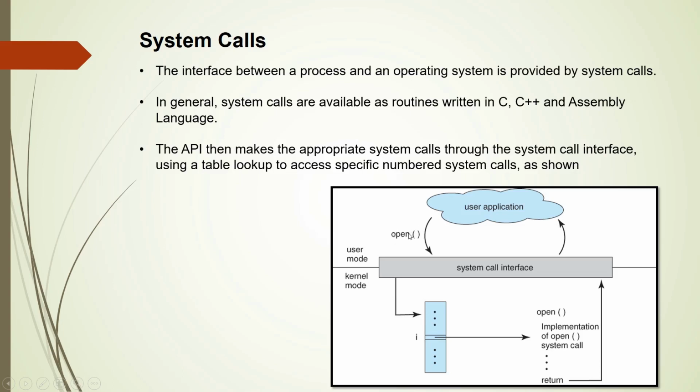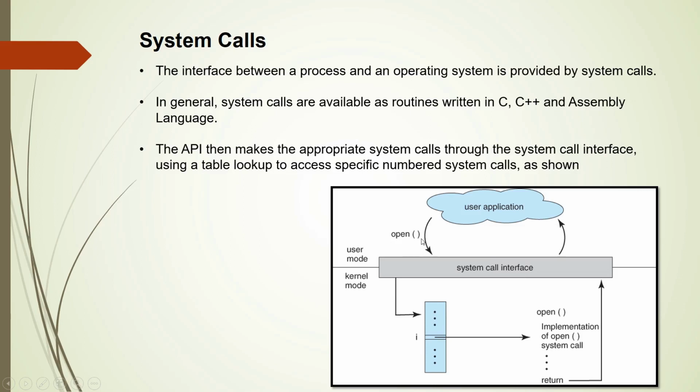The open function will be used by the user application, which in turn calls the system call interface, and the system call interface will check in a table the list of system calls which are assigned against the functions of each of the API.